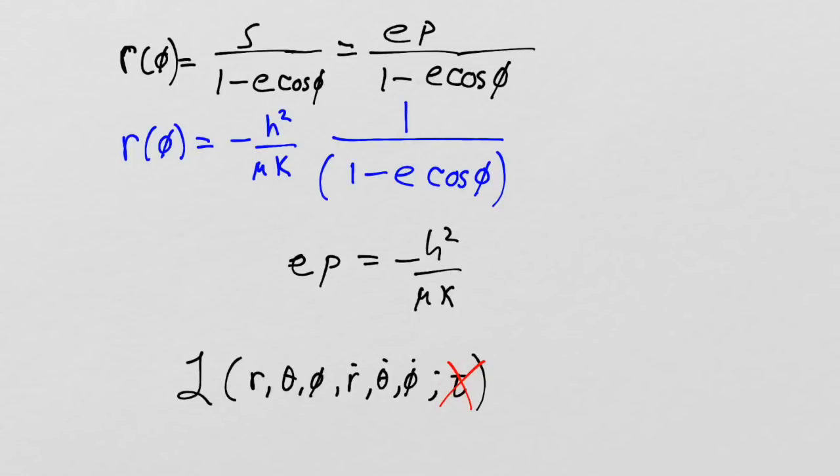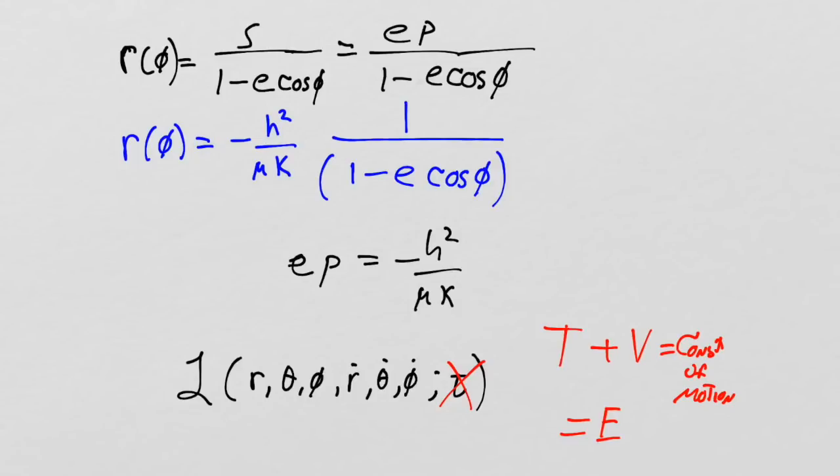But when it's not explicit, you may remember from the earlier lectures, that means that the kinetic energy, which we call T, plus the potential energy, which we call V, those two together are a constant of the motion.